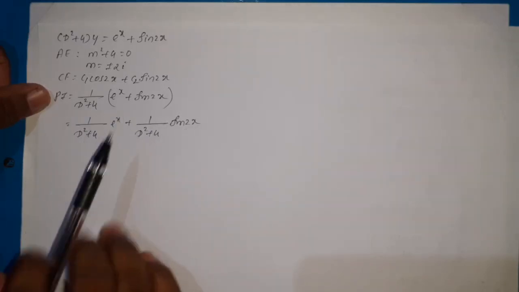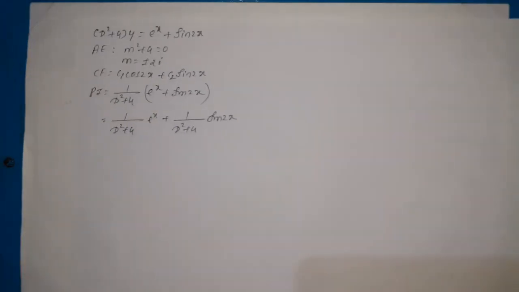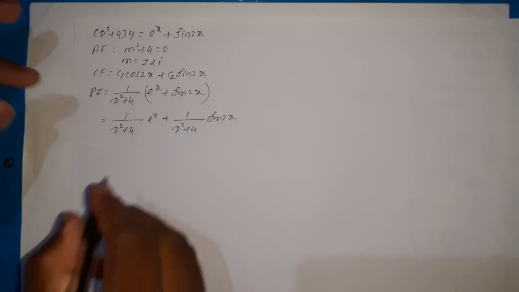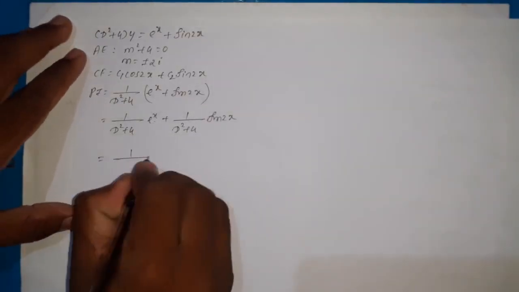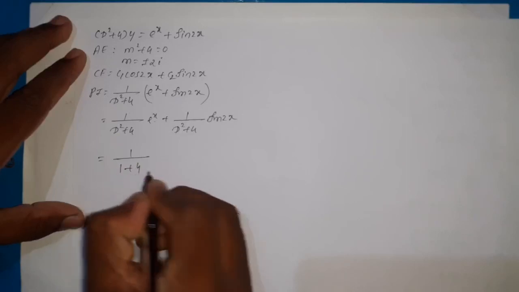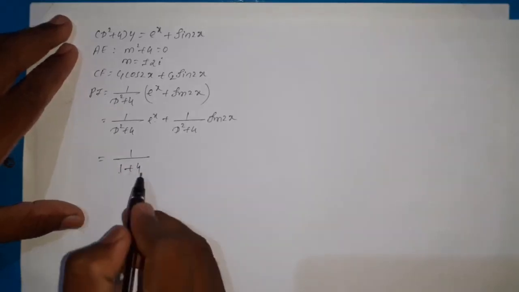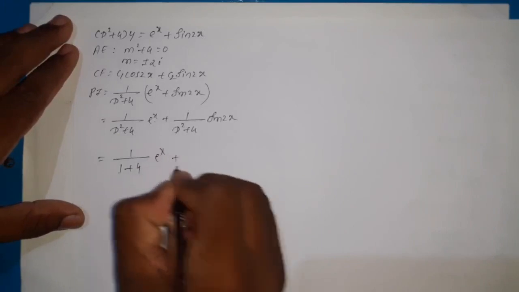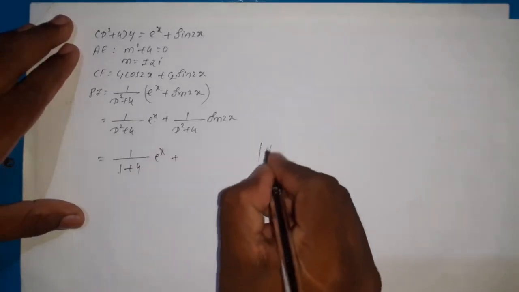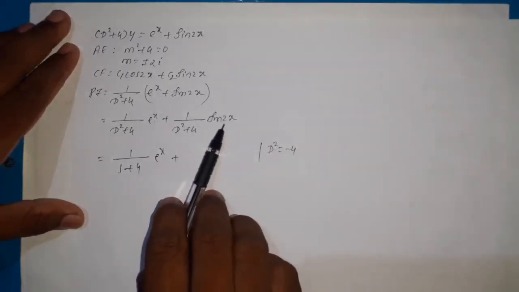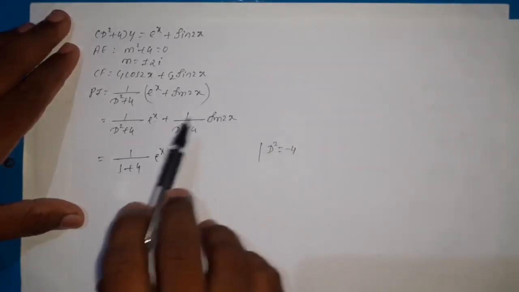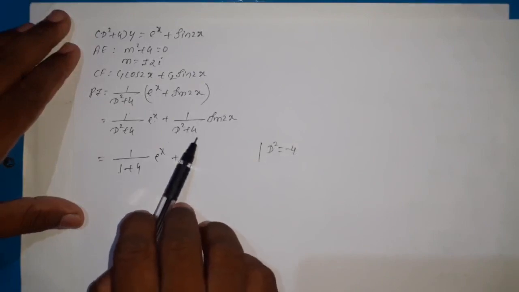It is the first case of finding the particular integral, that is e power ax. In that case just substitute d is equal to a. Here the value of a is equal to 1, hence it is 1 divided by 1 plus 4, because 1 square is 1 only, so 1 plus 4 e power x plus, here d square equal to minus 4, because a is 2, minus a square becomes minus 4, so minus 4 plus 4 becomes 0.